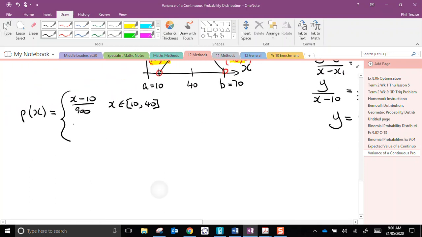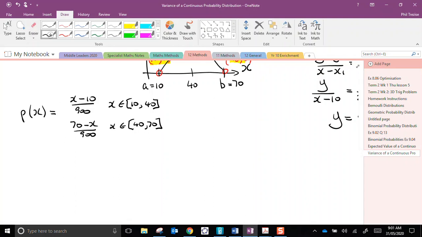So let's come back here. 70 minus x over 900, and that's when x is from 40 to 70. I didn't make my brackets here quite large enough, did I? Let's do that a little bit bigger, and 0 otherwise.